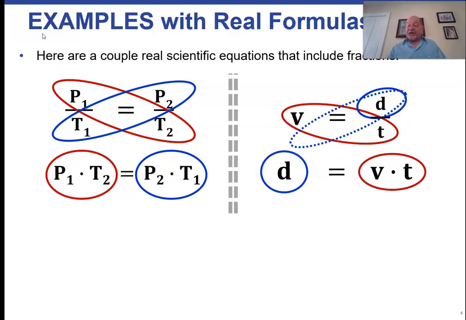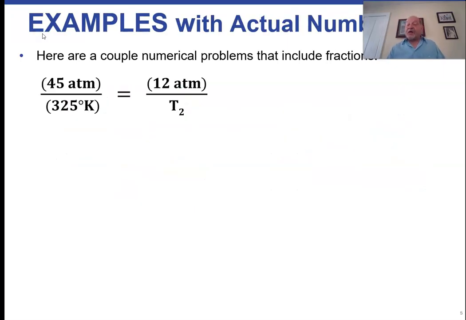Now, we haven't stuck any numbers in, but this allows you to simplify the formulas before you put the numbers in. But some people like putting the numbers first. So here's the same P1 over T1 equals P2 over T2 formula, but now I put numbers in. 45 atmospheres of pressure, atmosphere is a unit of gas pressure, divided by 325 degrees Kelvin, that's a unit of temperature, equals 12 atmospheres of pressure divided by our unknown temperature.